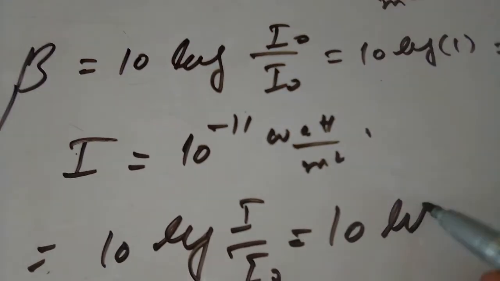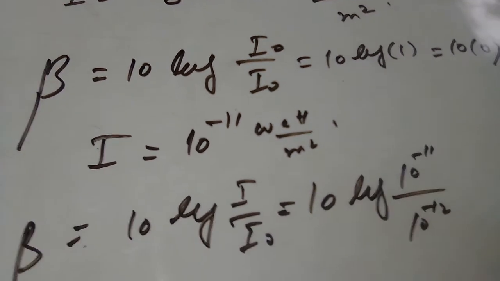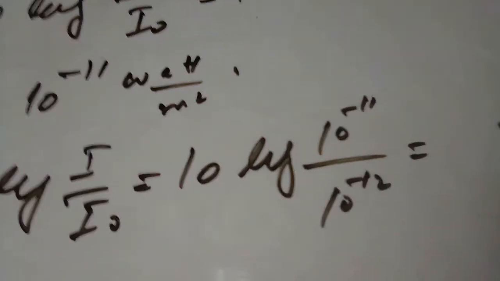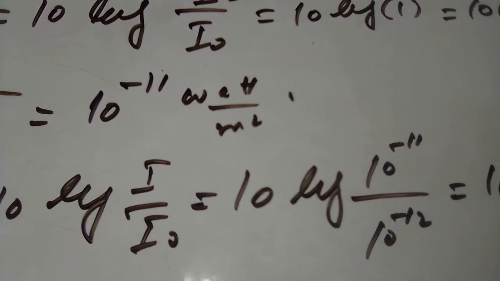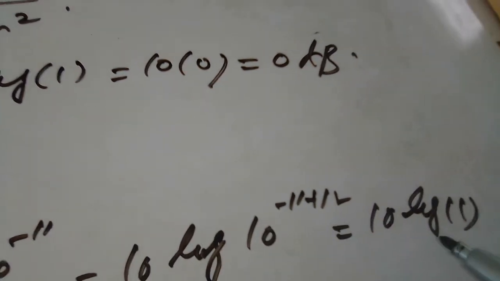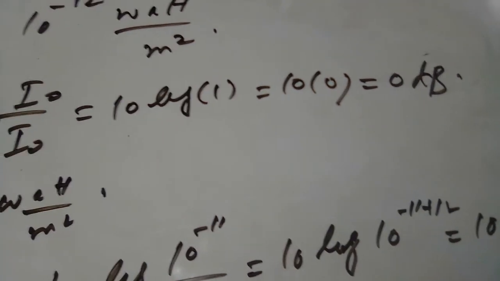Therefore, intensity level beta is equal to 10 log of I divided by I naught, which is 10 log of 10 power minus 11 divided by 10 power minus 12, which is 10 log of 10.